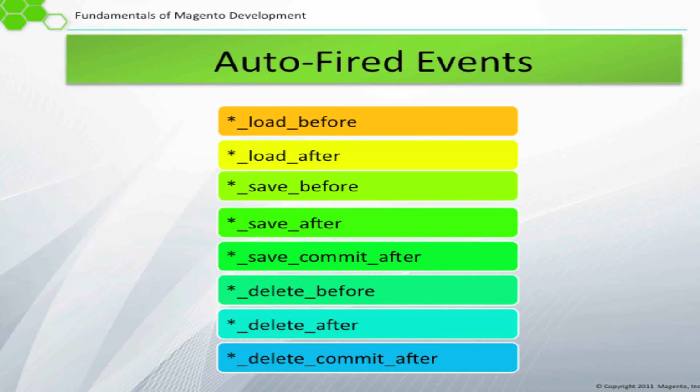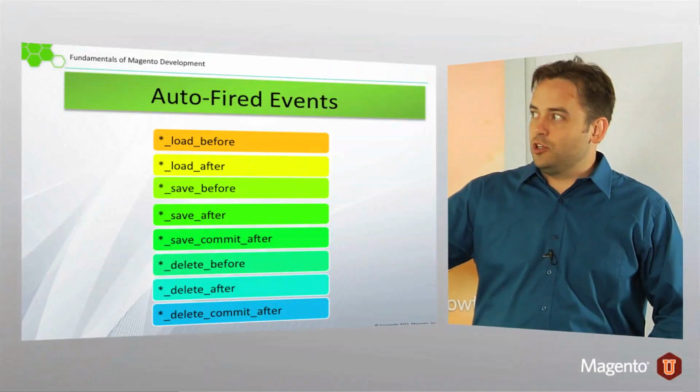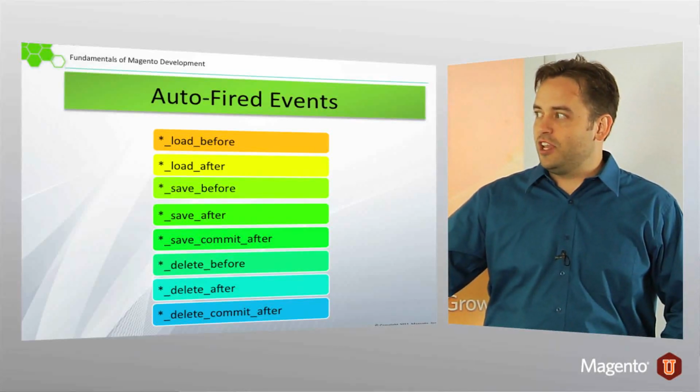Here's a list. So, for example, if I have identified my string as benfirst, and I have this model benfirst, well, it would be benfirst_load_before, benfirst_load_after, benfirst_save_before.